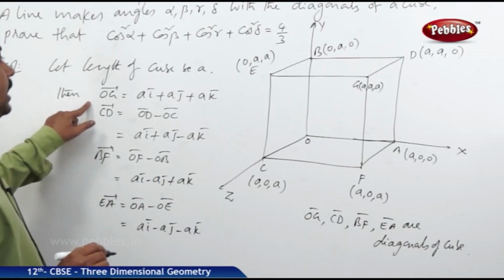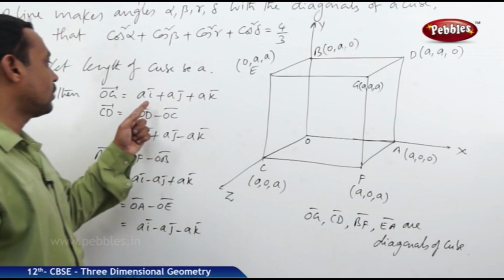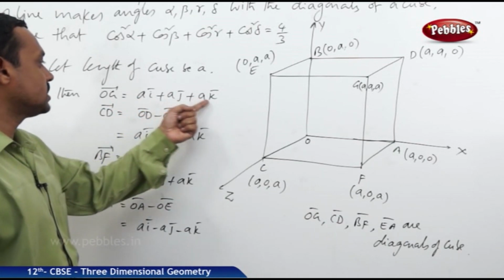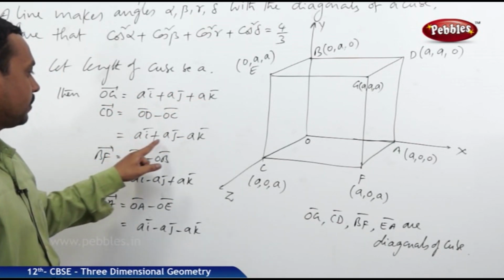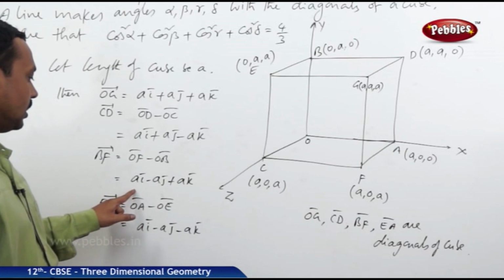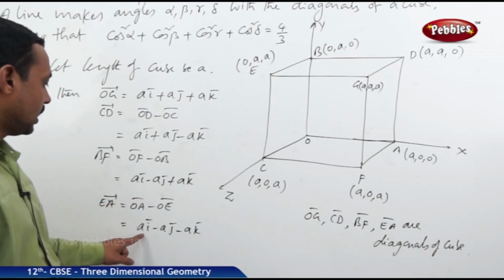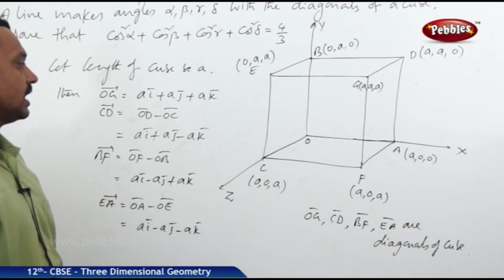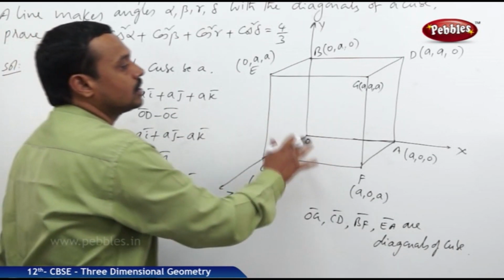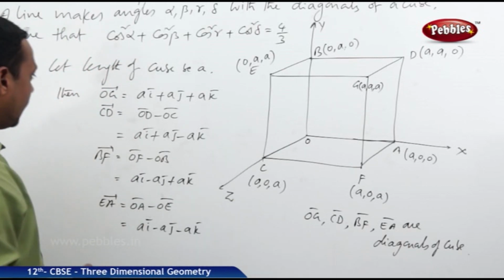So finally we have the four diagonals. What are they? AI plus AJ plus AK, AI plus AJ minus AK, AI minus AJ plus AK, AI minus AJ minus AK. Now these are the four diagonals of a cube.